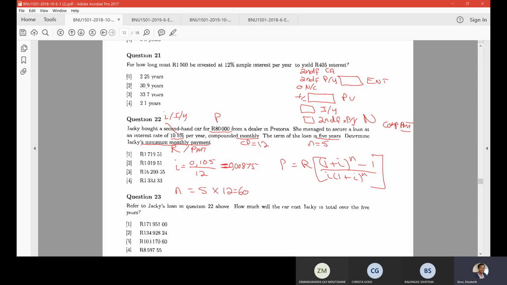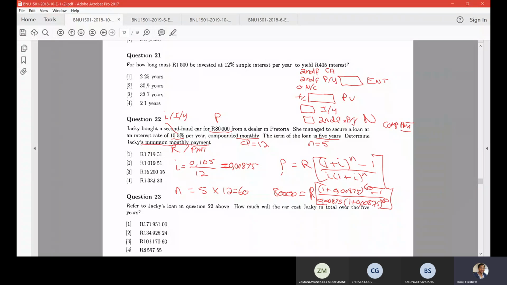And then substitute the values into the formula. Your P is 80,000. We need to be calculating R. Then you say 1 plus 0.00875 to the power N of 60 minus 1, divided by 0.00875 times 1 plus 0.00875 to the power 60.